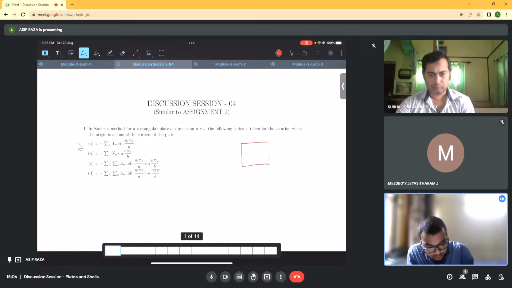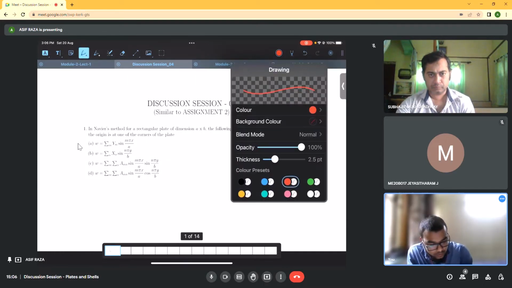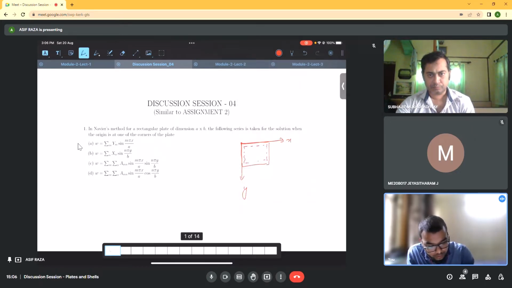We are given a rectangular plate simply supported at the edges, and the origin is at one of the corners. Suppose this is x equal to a and this is y equal to b.